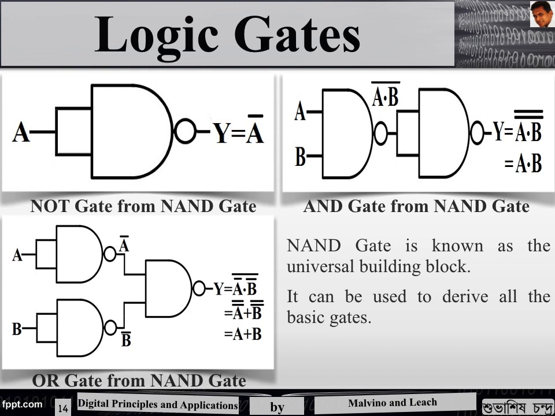In case of an AND gate, we have taken the output of a NAND gate and put it to a NAND gate for which the inputs are joined together. So if you see the Boolean expression, it is the complement of A dot B, and hence we get A dot B or A AND B.